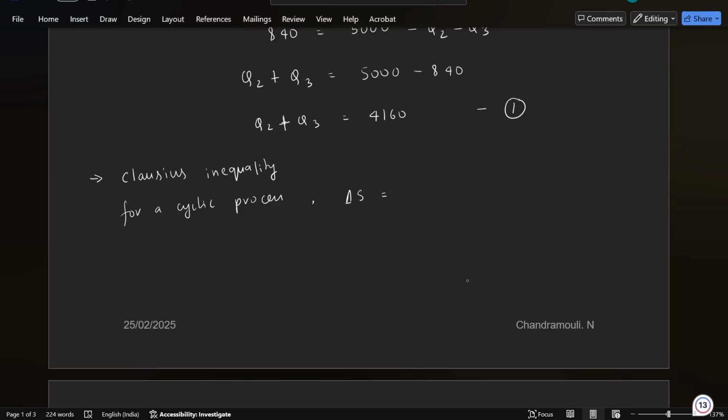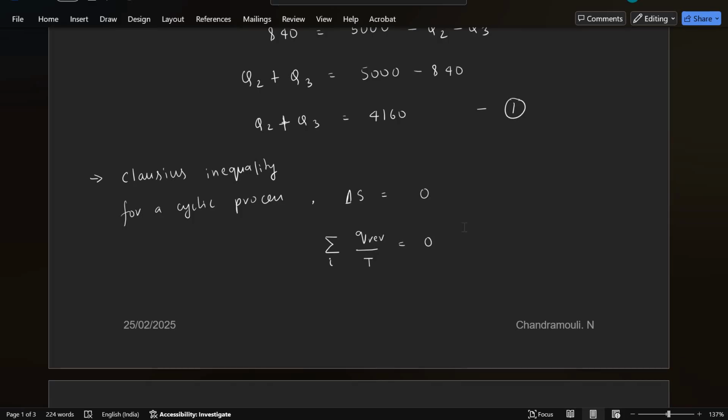Correct, you're correct. So let's say there are n number of steps here. So what is delta S then? 0. Yeah, I mean, I'm asking the formula. Q reversible by T, right? This is the formula, right?